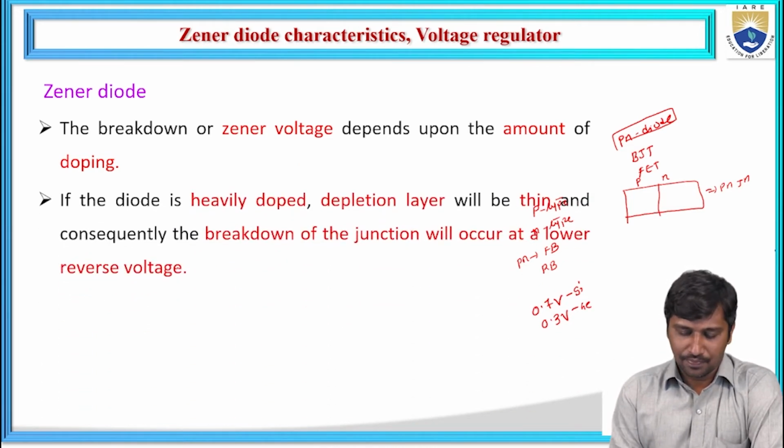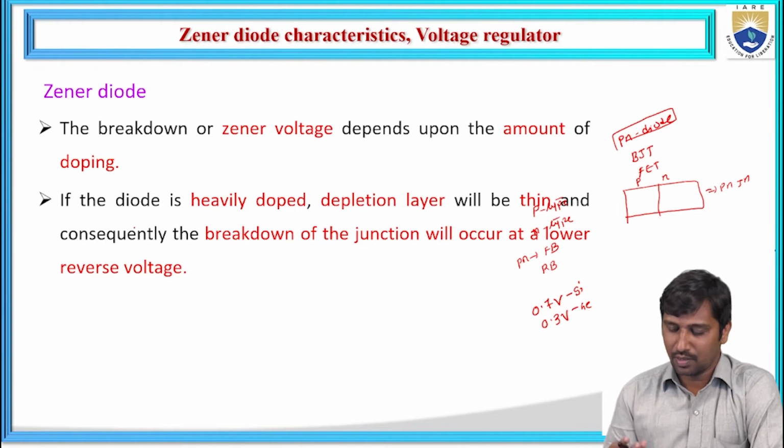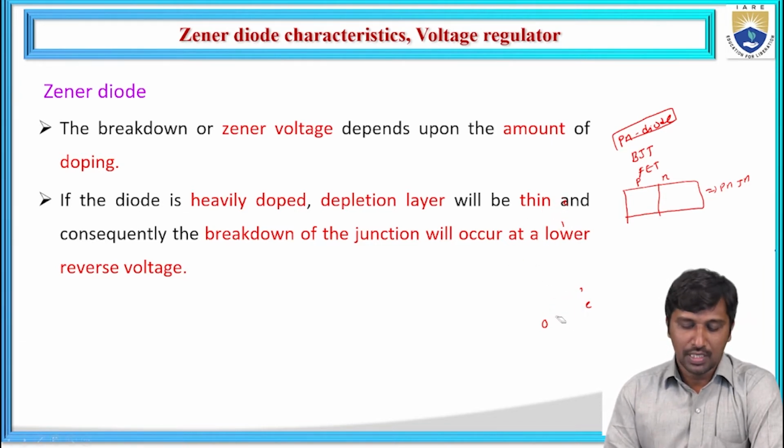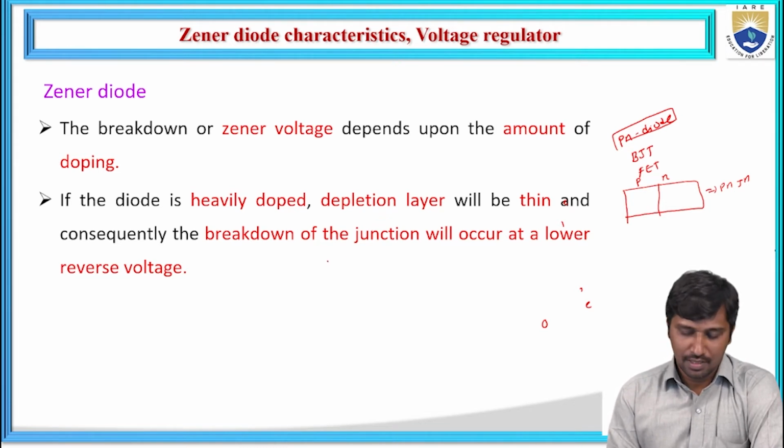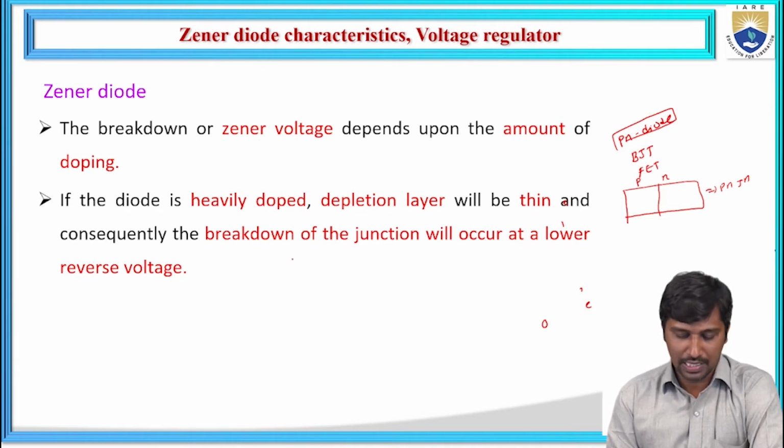Then, let us consider some important points. If the diode is heavily doped, then the depletion layer will be very thin. The depletion region becomes very thin, and consequently, the breakdown of the junction will occur at a lower reverse voltage.